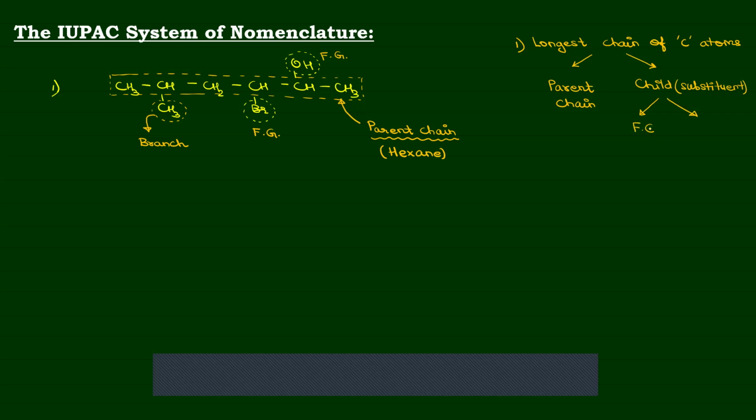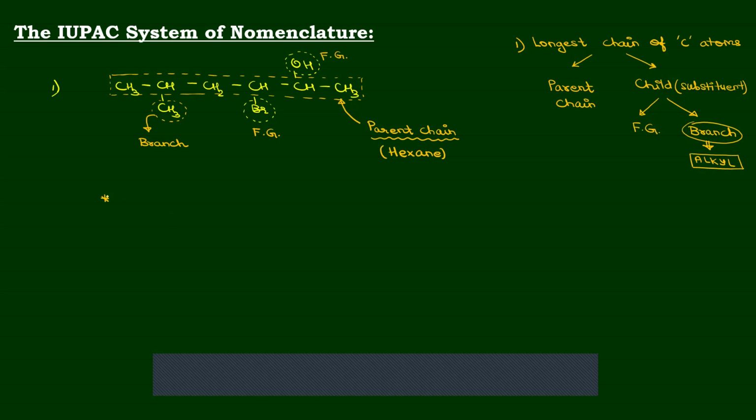One is the functional group, which defines the properties of the organic compound, and the other is the carbon substituent, which we call a branch. This carbon substituent as a branch is nothing but an alkyl radical, which I just discussed in the previous slide. So first we are going to discuss the branch in detail, and then we'll come back to the rules so that we can name the compound.